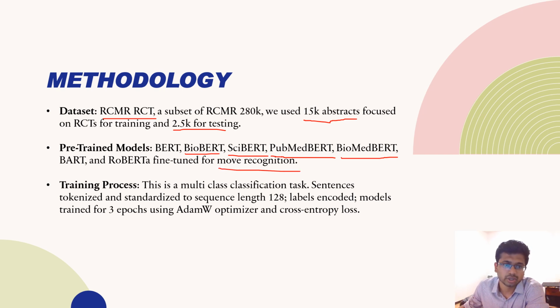Talking about the training process, every pre-trained model has its own associated tokenizer. So we have passed the sentences of the abstracts through this tokenizer and got the sentences tokenized. Then we implemented truncation and padding over each sentence to standardize the sequence length and bring it to 128.